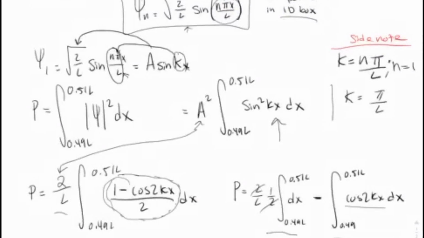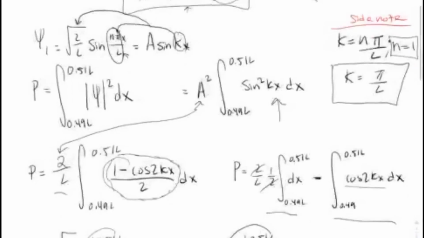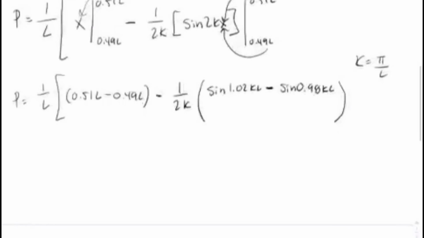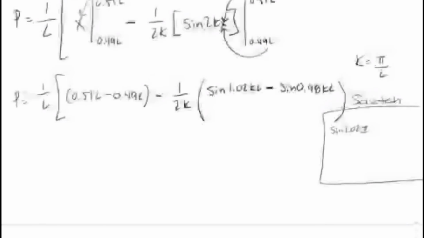Now we can go back to the top, and we've established what our k equals. So we know k equals pi over L because n equals 1. So again, I'll write that over here. So now k equals pi over L. And what you see here is, I'll just do the scratch work over here, sine, for example, of 1.02 times k, which is pi over L times the L. So our L's will cancel out.